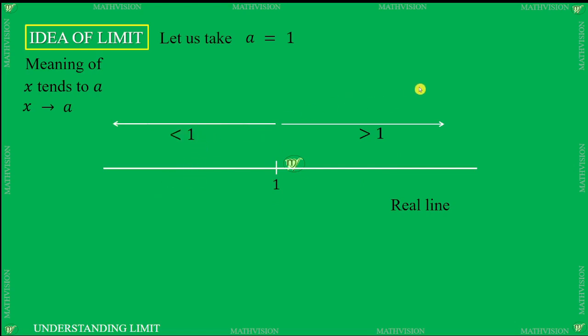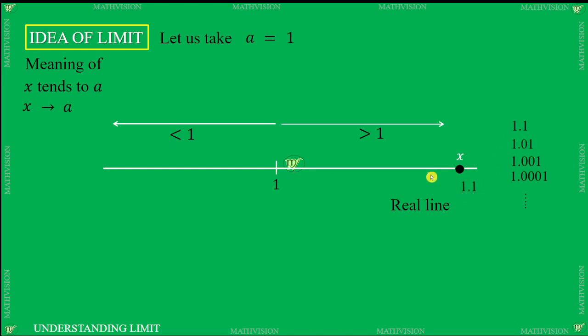Now let us consider a sequence of numbers such as 1.1, 1.01, 1.001, 1.0001 and so on. The first point 1.1 lies on the right hand side of 1 on the real line. Let this be the point x whose value is 1.1.